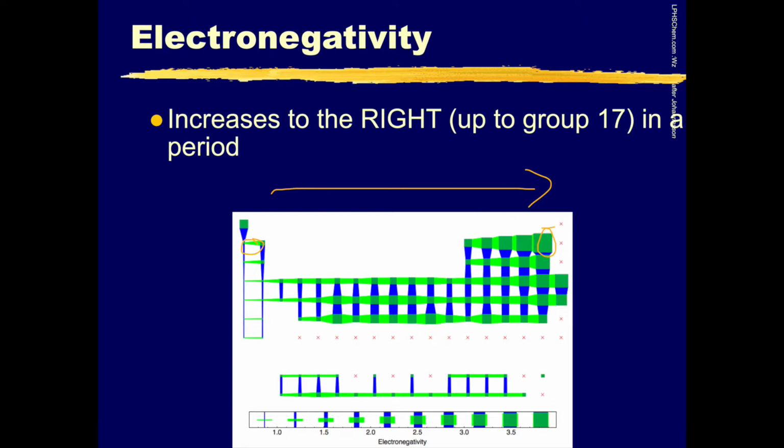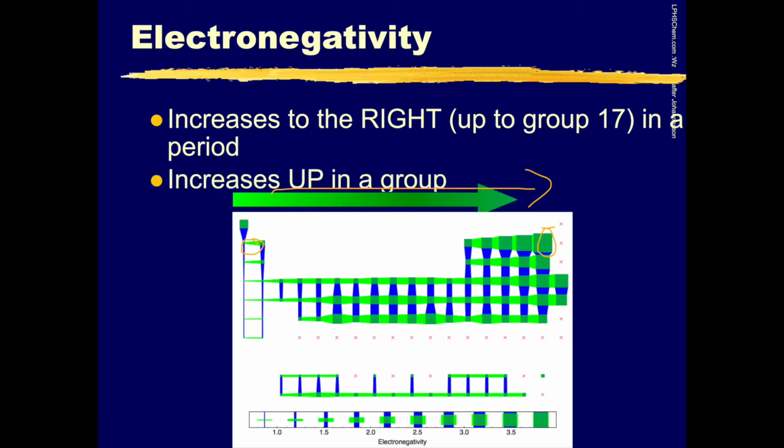Okay? Now, if we look in a group, which means up and down, the trend is that as I go upward in a family, electronegativity also increases. Our reason here is due to the fact, once again, based on attractiveness, but also because of their size, since fluorine only has two rings that it has to reach out to, it's able to pull those shared electrons a lot tighter than iodine, which has 5 rings on it.